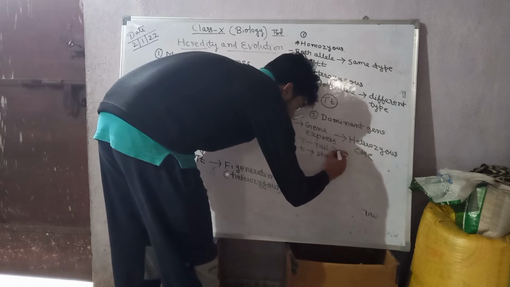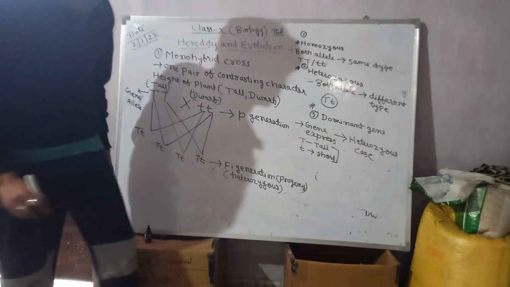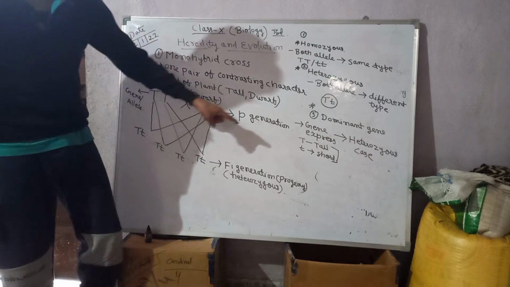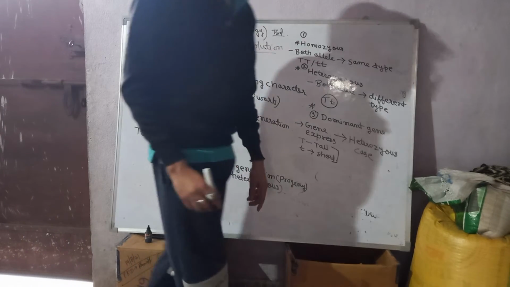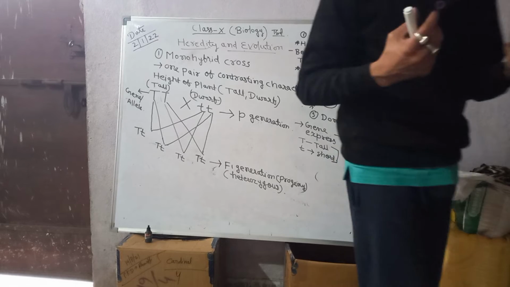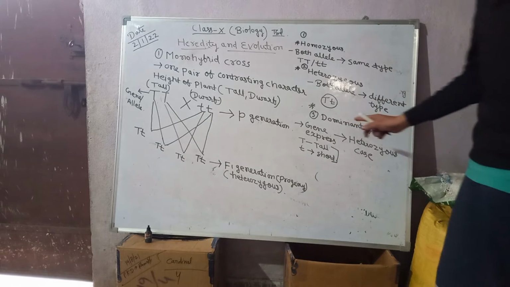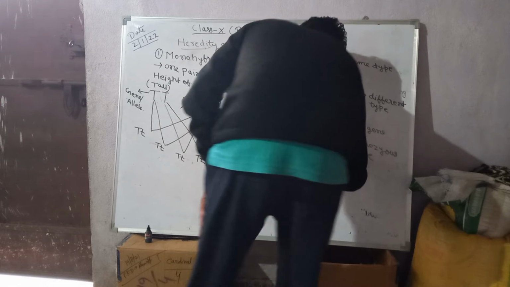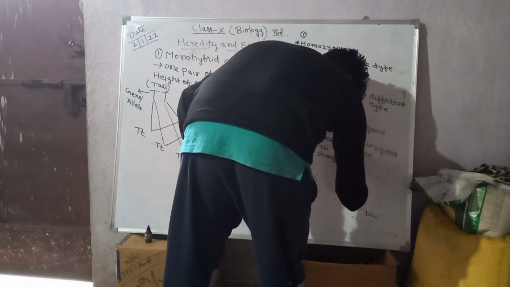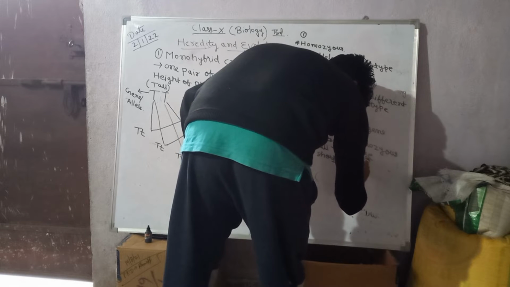So these are the two types of gene. Out of this, in the case of the heterozygous condition, only the tall character expresses itself. So the tall character is known as the dominant gene. I am writing this thing here. This tall character is dominant.